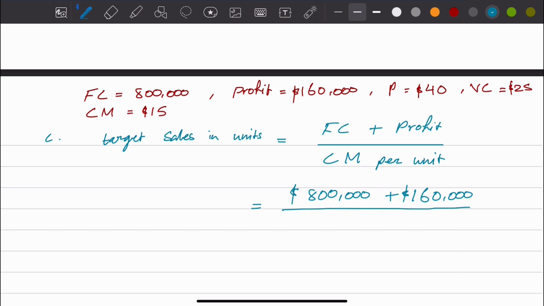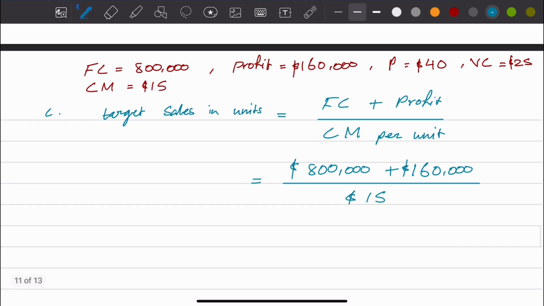So let's continue. Now the contribution margin per unit is 40 minus 25, which is $15. Go to your calculator. 800,000 plus 160,000, that's 960,000 divided by 15, and that would be 64,000 units.